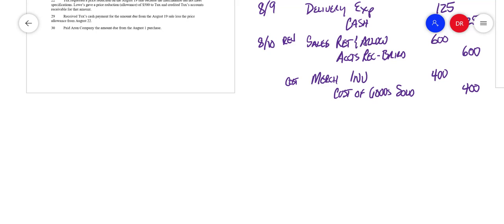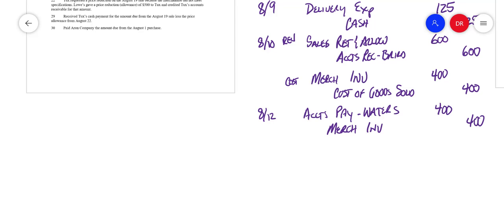So we're going to start on August the 12th with a debit to accounts payable Waters. This reduces the amount we owe them for the amount of the allowance they gave us. So we take $400 off of our account, and the credit will go to merchandise inventory because we're reducing the cost of the inventory by the $400. So it goes here. All right.